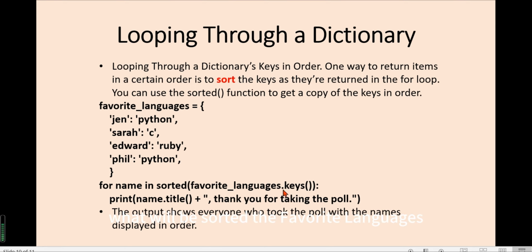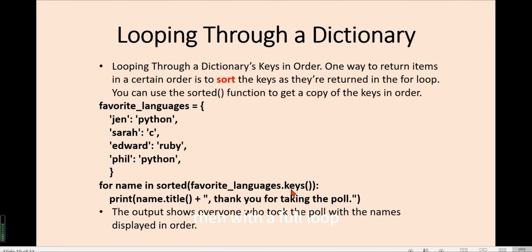The favorite_languages.keys(), which is a list of each person's name inside this dictionary, will be sorted. But this is a temporary sort. We have learned sorted is a temporary sort, it does not change anything in this dictionary. We just get a copy of the list and sort it in alphabetical order.